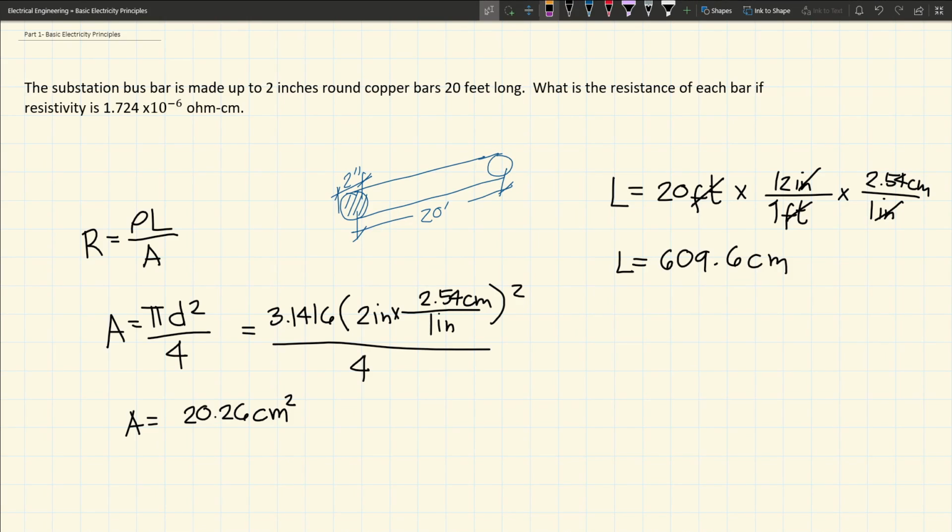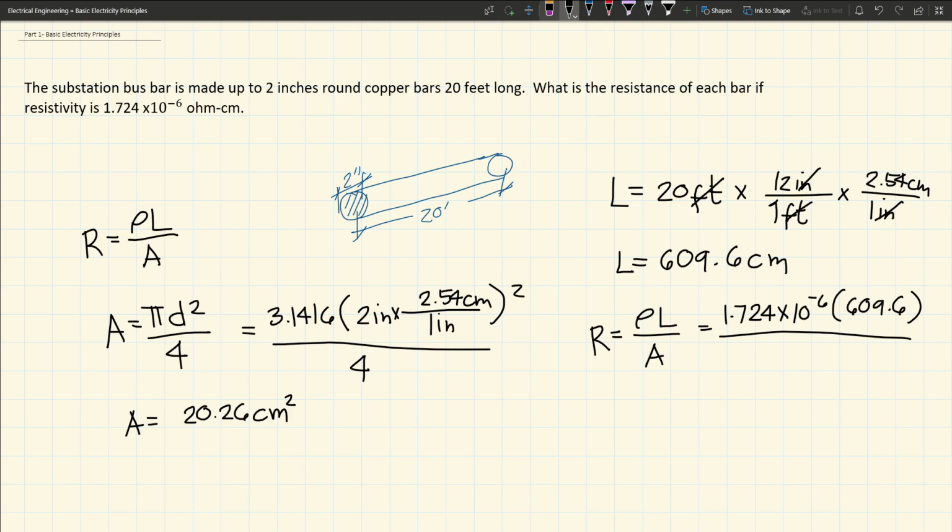Now let's substitute our values to the formula. R is equal to resistivity times the length all over the area. So our resistivity is 1.724 times 10 to the negative 6 multiplied by the length, which is 609.6 centimeter, all over the area.